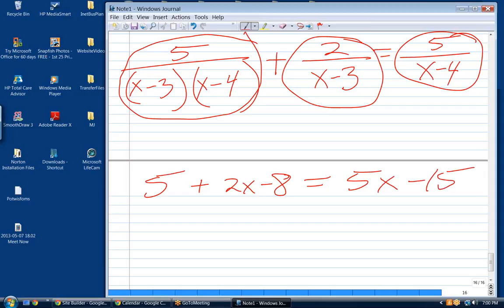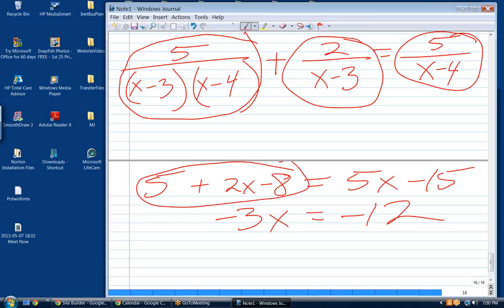What do you get? Negative 3x equals negative 12. Because I had a net negative 3 over there, so I had to add 3 to the right, turn that negative 15 into negative 12.